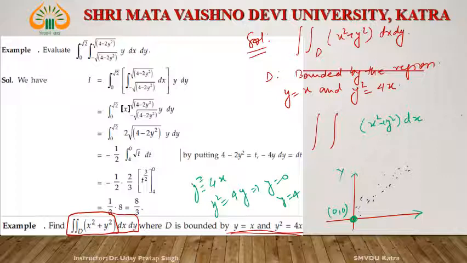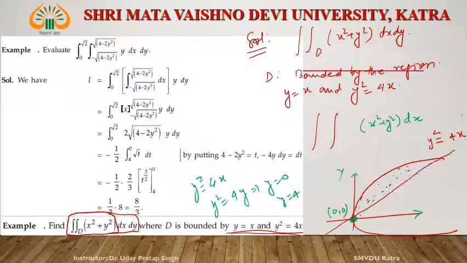Y square is equal to 4x, this is the parabola. And y equal to x is this one. So the region is this. Now consider the strip parallel to the y-axis. If we consider this strip, then the first limit is x. Why?